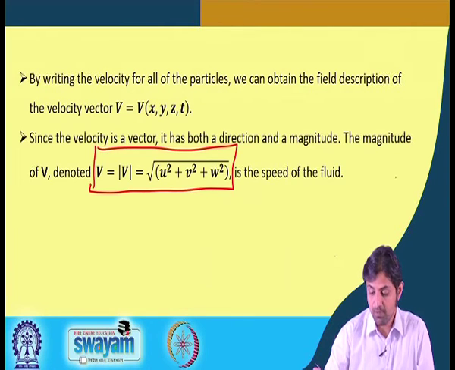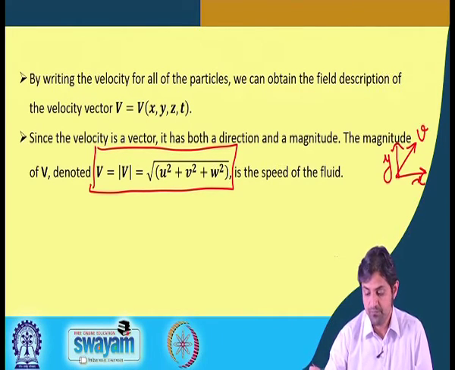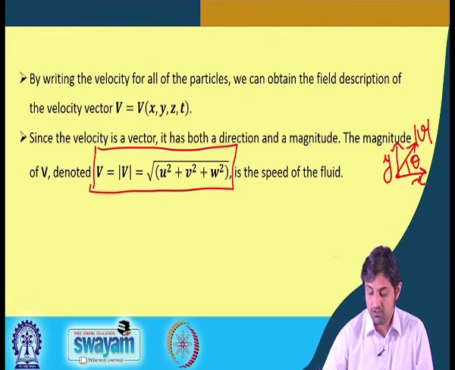So assuming a particle has a velocity here, let us assume two directions, this is x and this is y. So the speed will be mod of V. If u1 is the x component of the velocity and v1 is the y component, then modulus of V in two directions will be the square root of u1 squared plus v1 squared. This you already know.